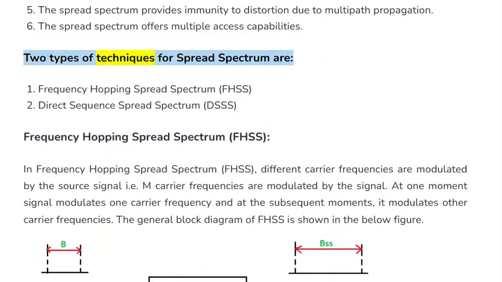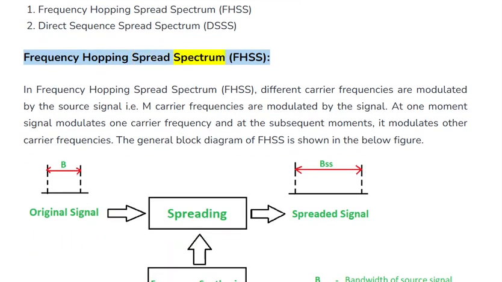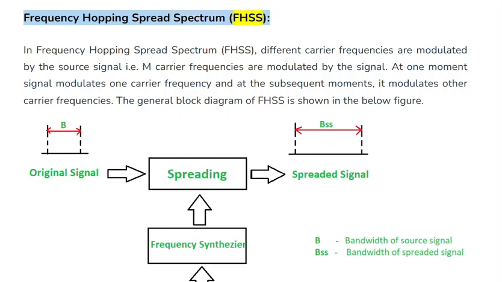Two types of techniques for spread spectrum are: frequency hopping spread spectrum (FHSS) and direct sequence spread spectrum (DSSS). Frequency hopping spread spectrum (FHSS).